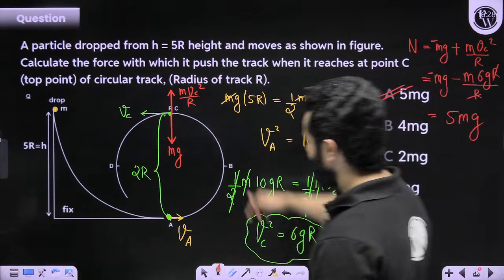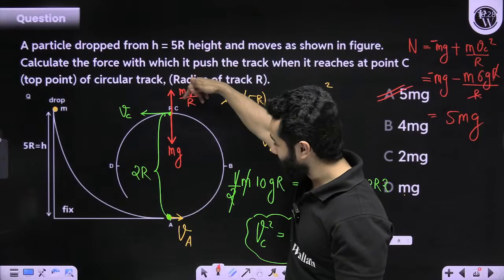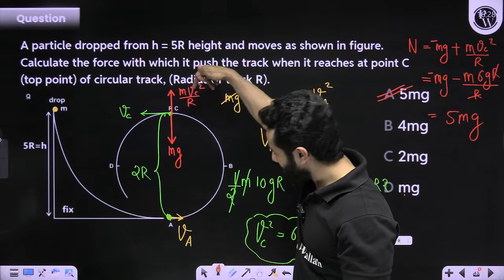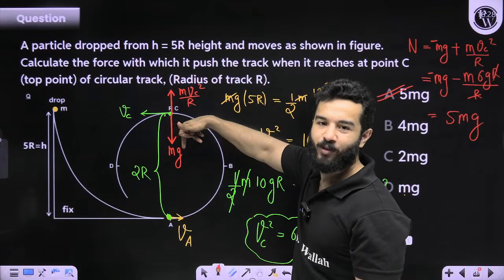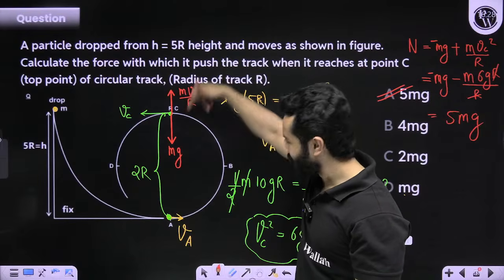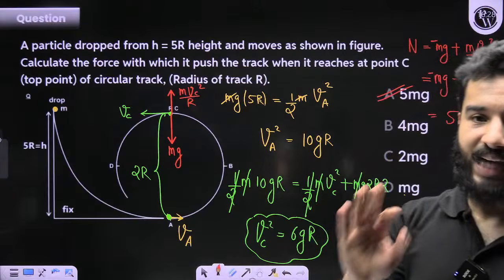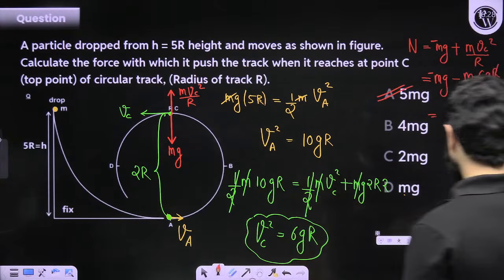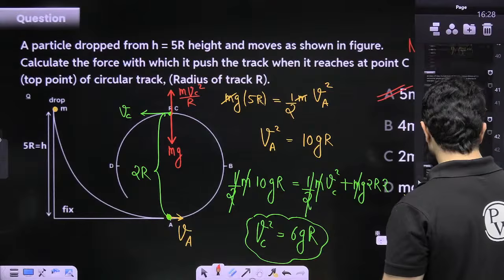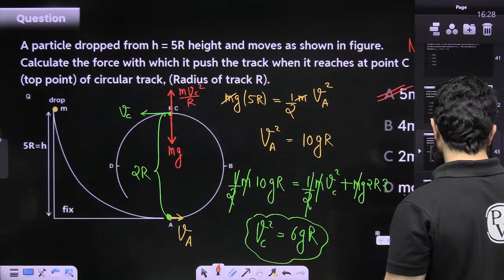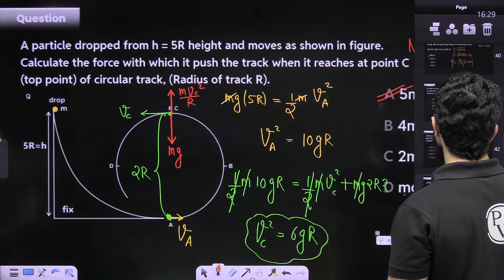And normal reaction will be applied by the track on the car in downward direction. Clear? Sorted? Please understand the dynamics clearly, right? All right, my dear friends, very good. Let's move on. Let's move to the next question.